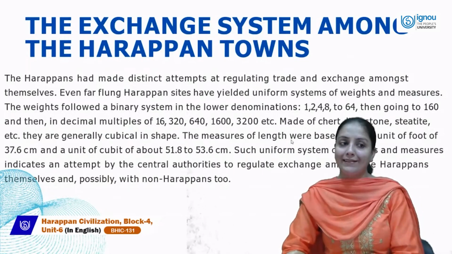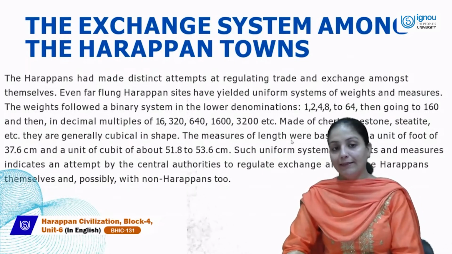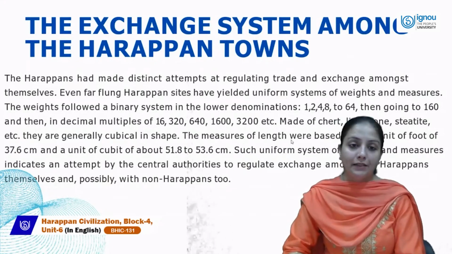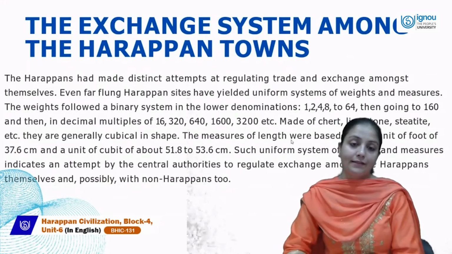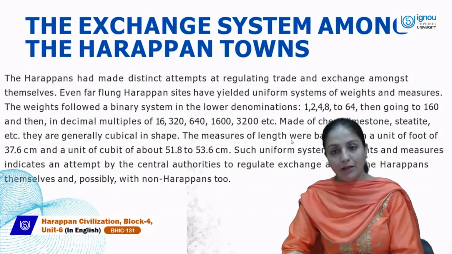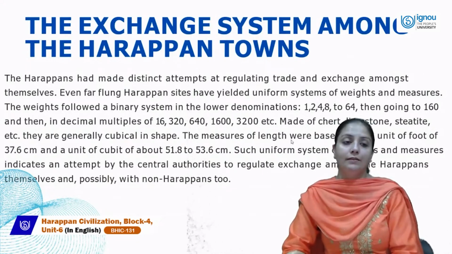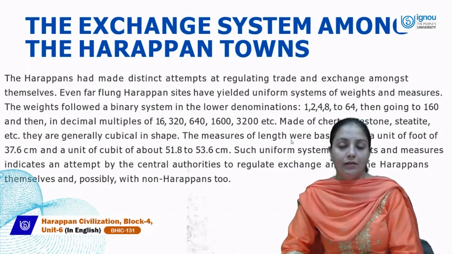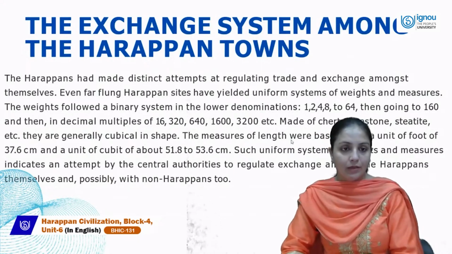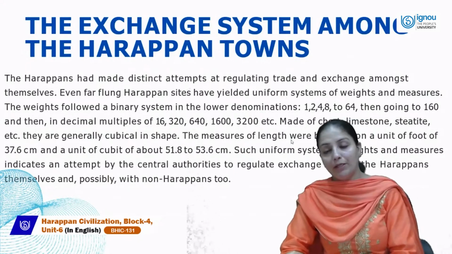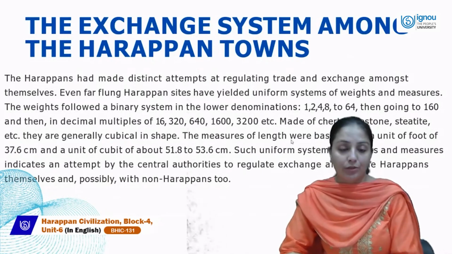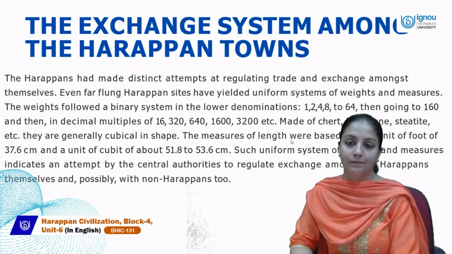Then going to 160 and then decimal multiples, like 16, 320, 640, 1600, 3200, etc. So it was binary in the lower denominations and decimal in the higher denominations.